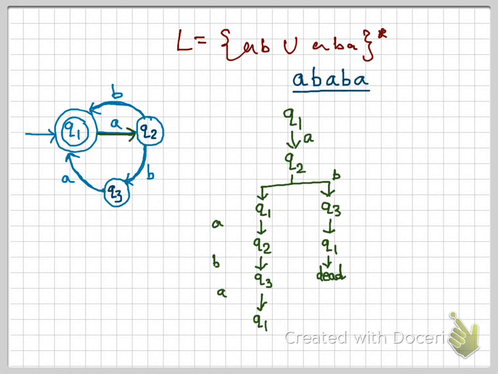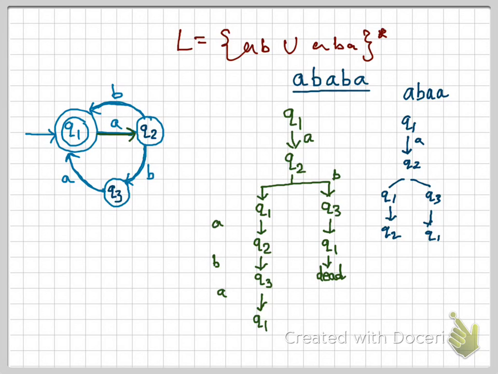On the other hand, let's take some other string, say ABAA, and see what happens. On Q1, when we read A, we come to Q2. Q2 when we read B, we go to two states: one can be Q1, the other can be Q3. Here when I read A, Q1 on A comes to Q2, Q3 on A comes to Q1.